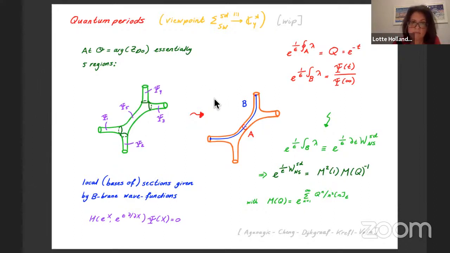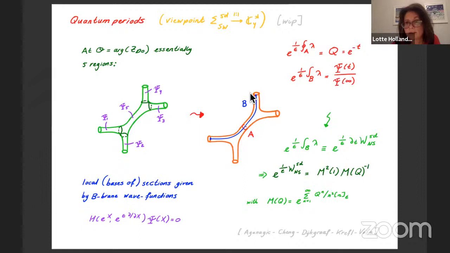And if you apply the same strategy that we've applied before, you would consider A periods and B periods, where the A period in particular is just given by the scalar parameter Q, whereas the B period is given in this case by the ratio of these psi's, where we analytically continue one of the B-brane wave functions along this path to the other infinity, and then compare it to the wave function there.